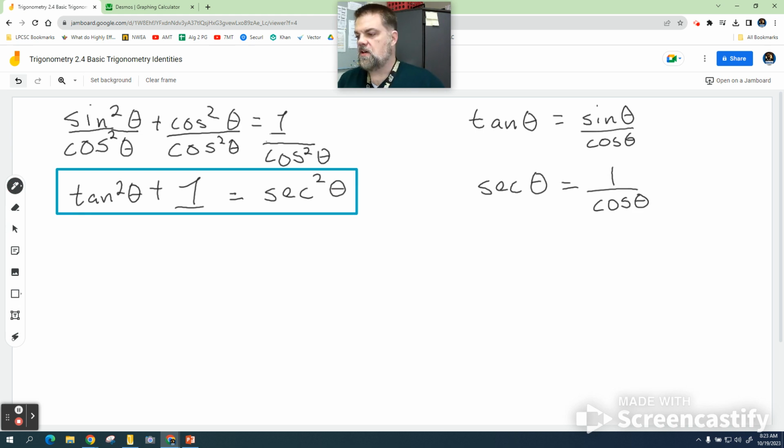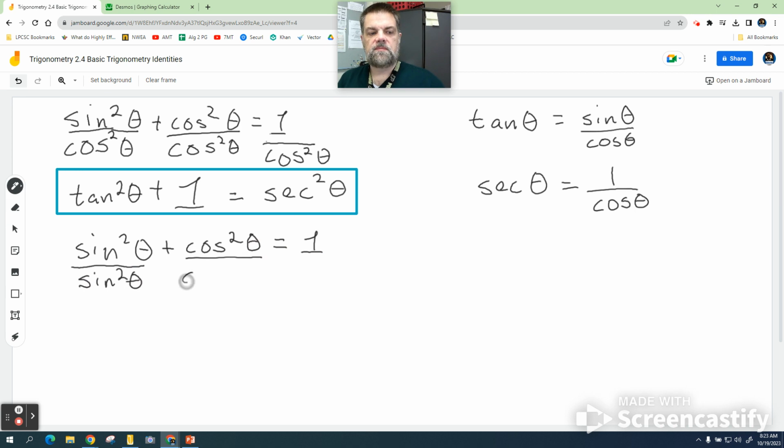So now to find the third Pythagorean identity, I'm going to say sine squared of theta plus cosine squared of theta equals 1. And now I'm going to divide by sine squared for every term. Well, sine squared of theta divided by sine squared of theta, that's just 1.